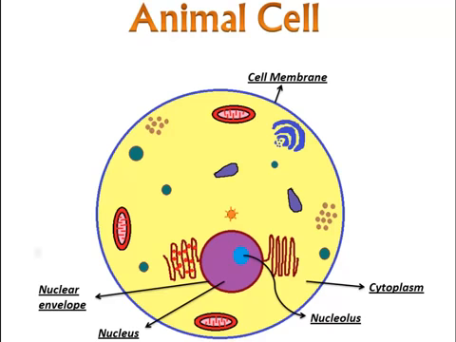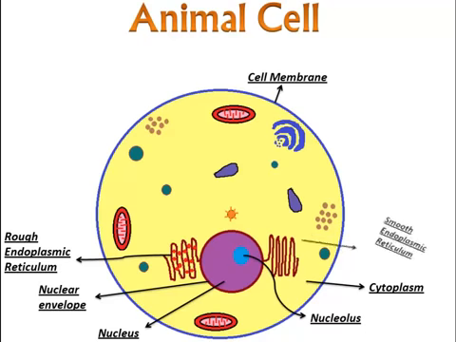And now, rough endoplasmic reticulum. It is called rough endoplasmic reticulum because it is lined with small red dotted ribosomes in this diagram, and it also appears rough. And the next is smooth endoplasmic reticulum.